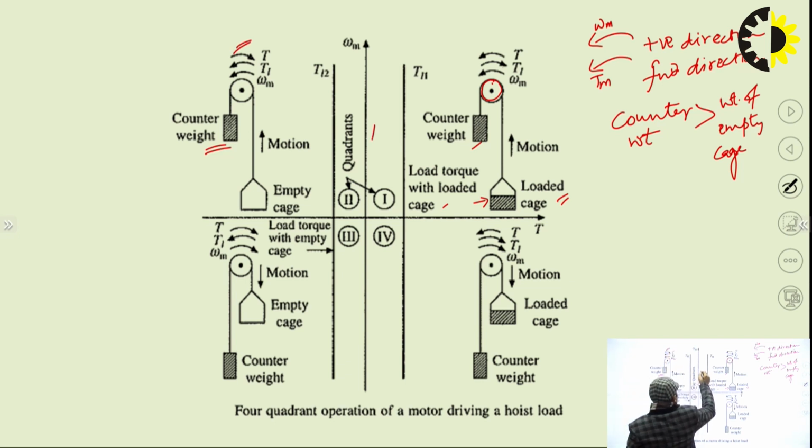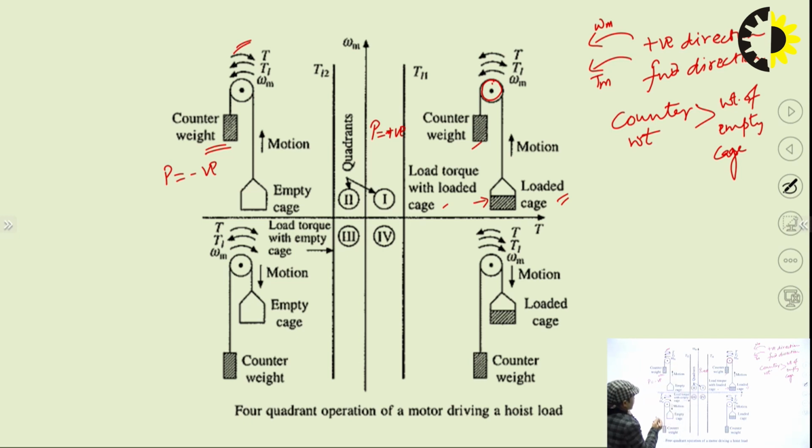Here power was positive because the direction of speed and motor torque was the same. Here power is negative because the direction of motor torque is opposite to the direction of the load torque, and the conventional forward direction of the motor torque is changed to the opposite side.